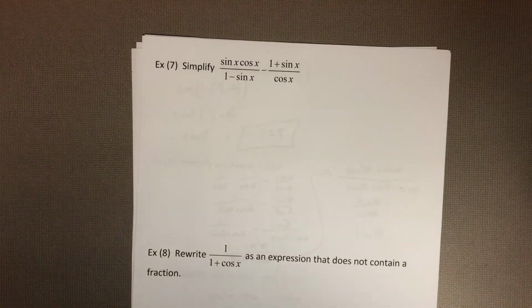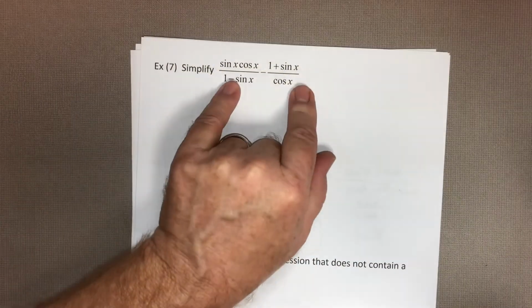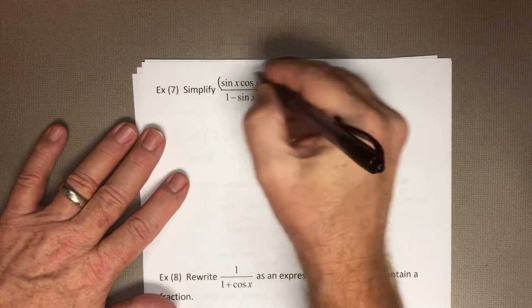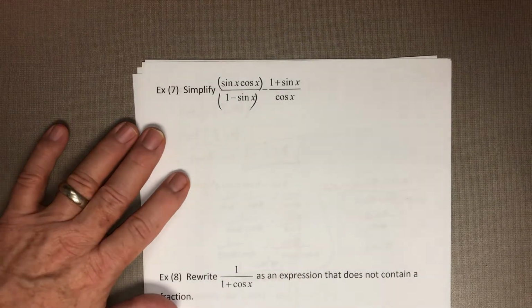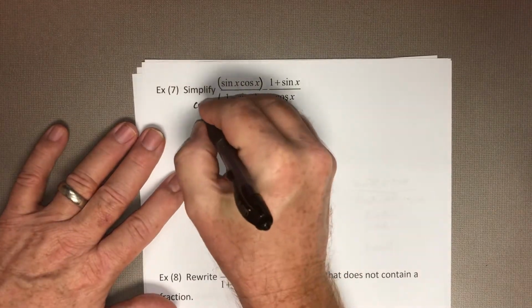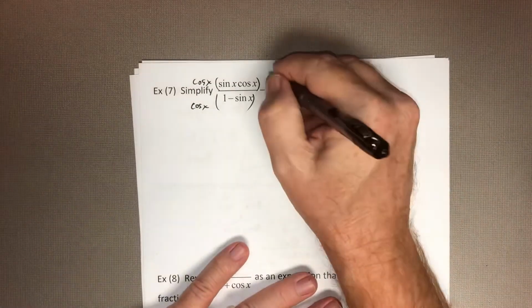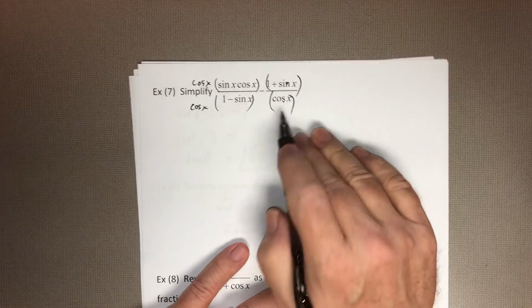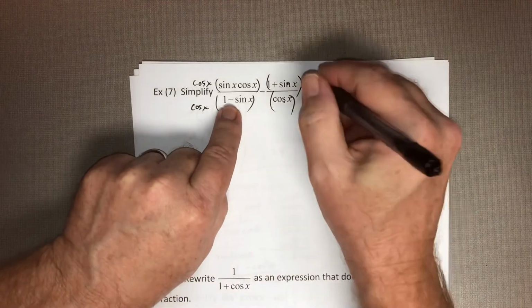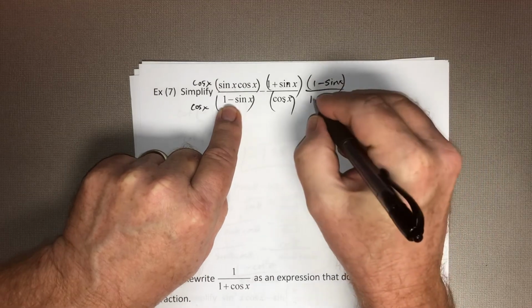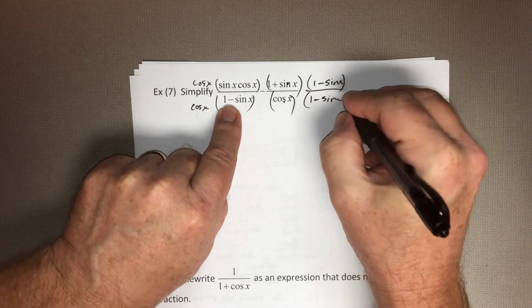The common denominator would have to be the product of these two denominators. So I'm going to multiply this numerator and this denominator by the cosine of x, and then multiply this numerator and this denominator by 1 minus the sine of x.